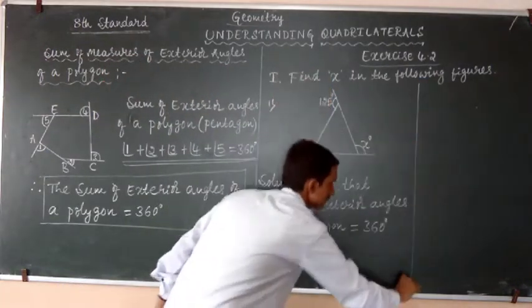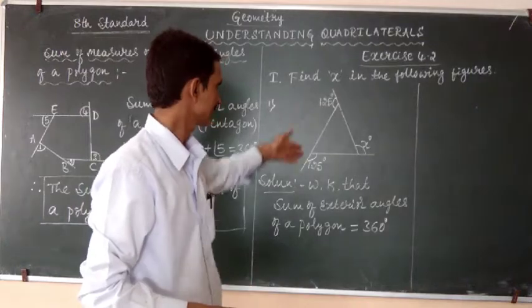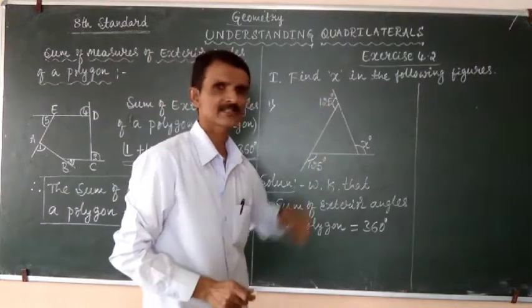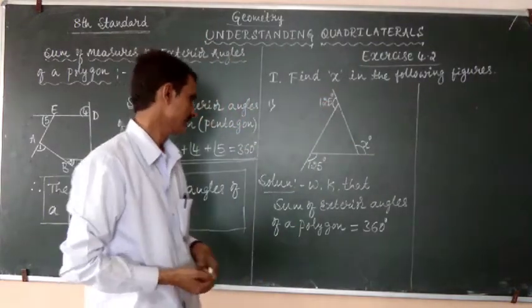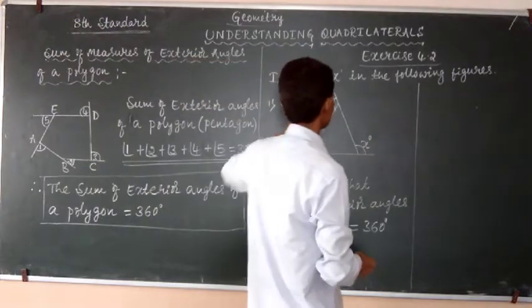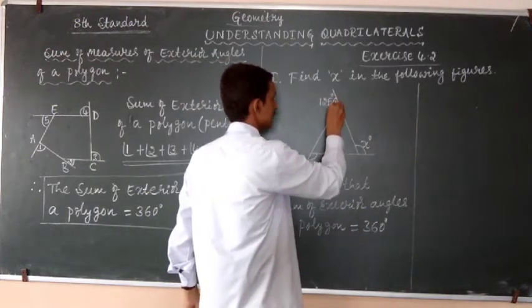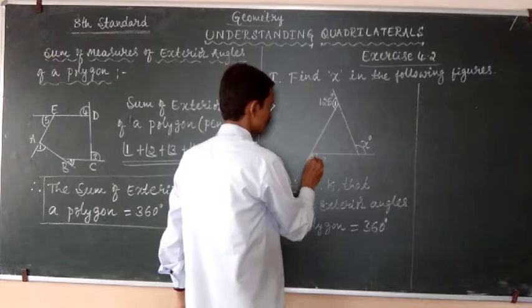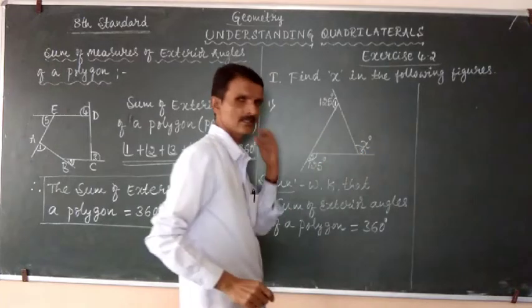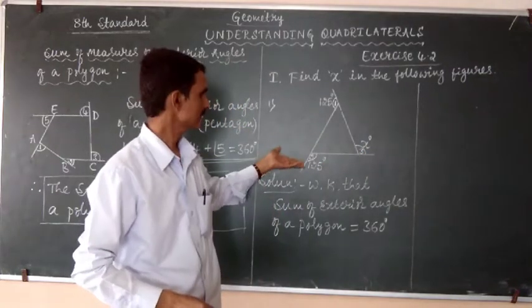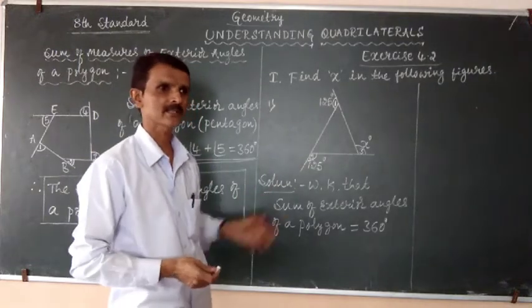Now we shall add all the exterior angles. Call them angle 1, angle 2, angle 3, or you can simplify it directly by writing the angles.